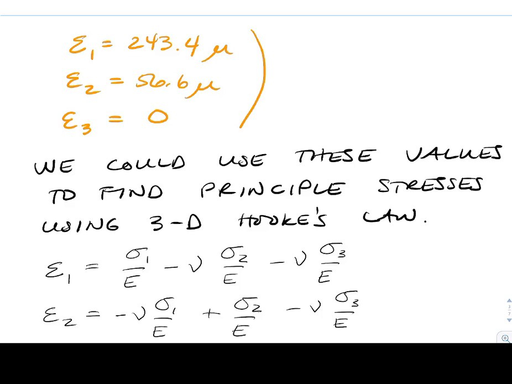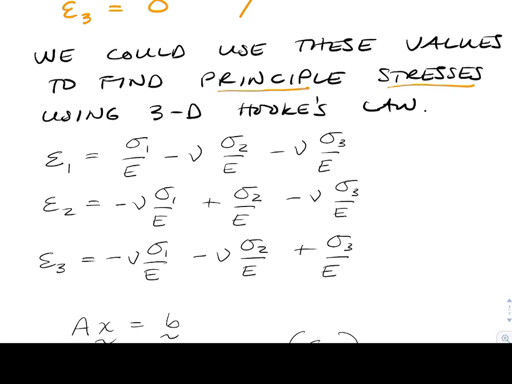And we'll point out that we could use these principal strain values to find principal stresses, which we're not asked to do, but we could apply Hooke's law in the 3D sense in the 1, 2, 3 direction, right? The principal directions.